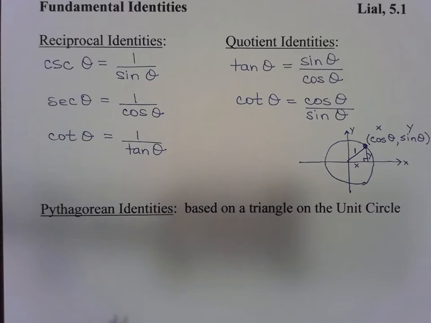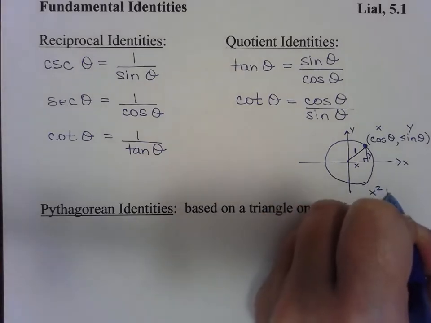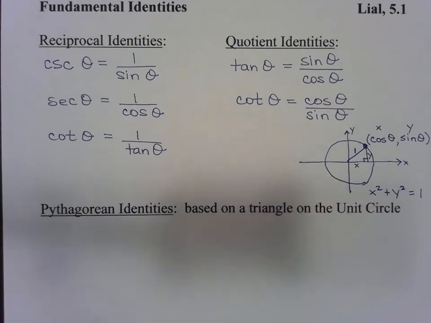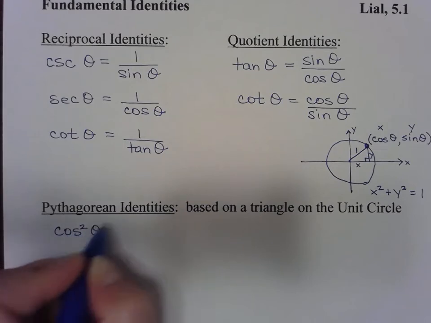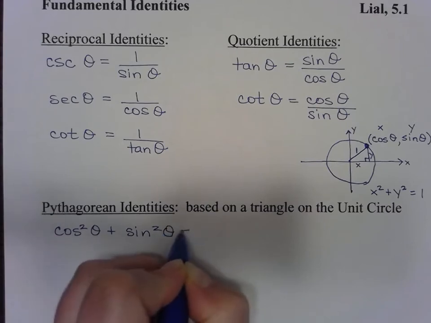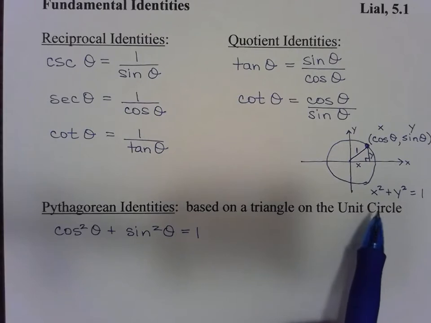Okay, so if we were to use the Pythagorean theorem for this triangle, we'd have x squared plus y squared equals 1, but x is the cosine and y is the sine. So the first Pythagorean identity is cosine squared of theta plus sine squared of theta is equal to 1. And that's all based on this unit circle.